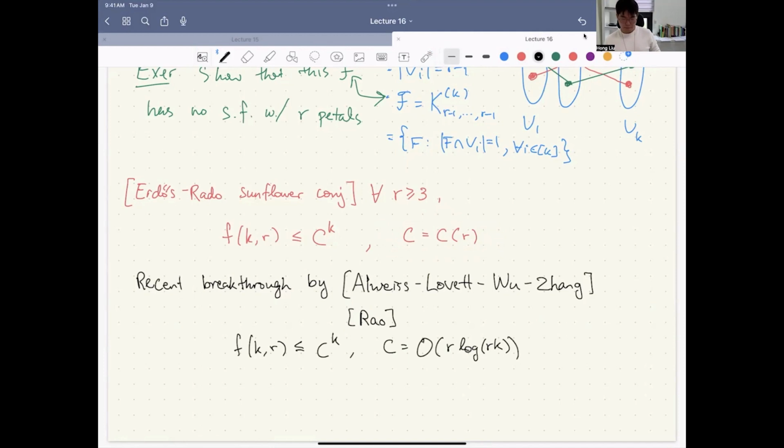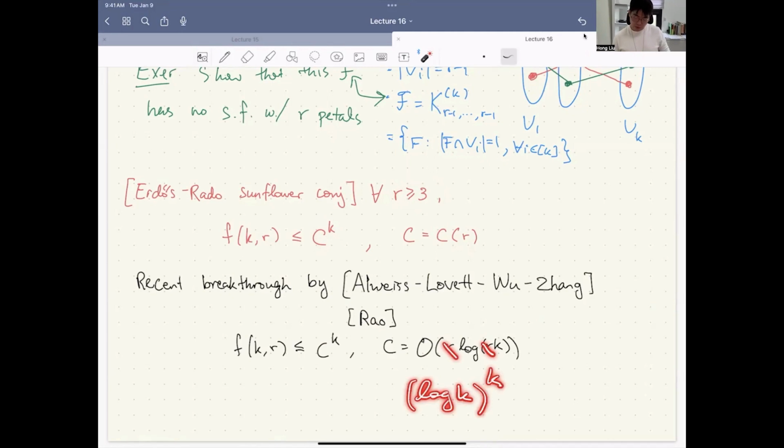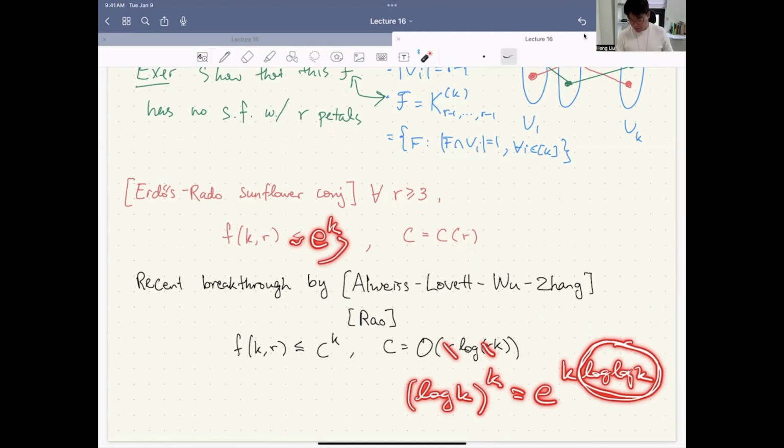So not constant. Let's forget about R. R is constant, right? Let's think of R as 3. So instead of some constant to the K, they prove log K to the K. This is roughly e to the K log K. So in the power, we are off by a log K factor now, in terms of a K factor. This is the gap for now.